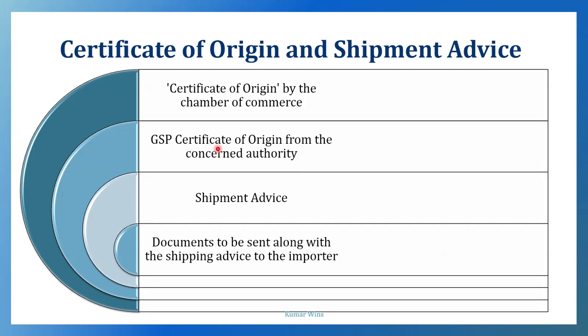And there are some documents which are to be sent along with the shipping advice so that the importer may start making further arrangements for taking delivery of the consignments. Yes, so these documents are the non-negotiable copy of the BL, commercial invoice, packing list, and the customs invoice. Right?